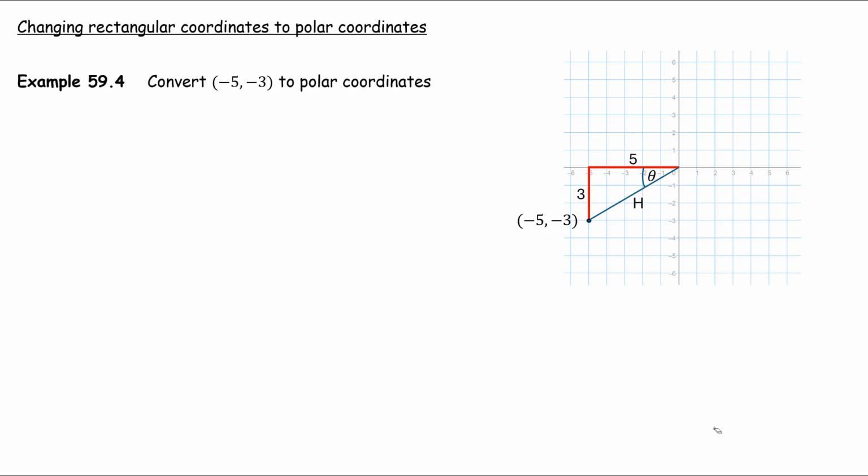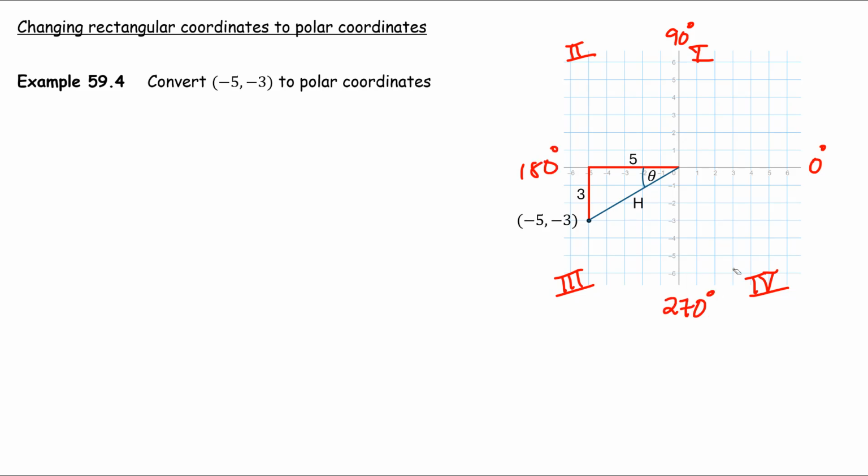Remember, we are in the third quadrant. Remember the quadrants. They go like this. We have quadrant 1 here, quadrant 2 here, quadrant 3 here, and quadrant 4 here. And we start out at 0 degrees, 90 degrees up here, 180 here, 270 here.